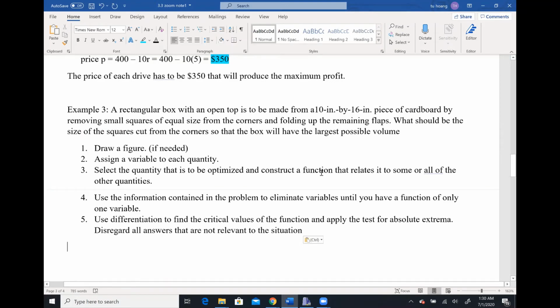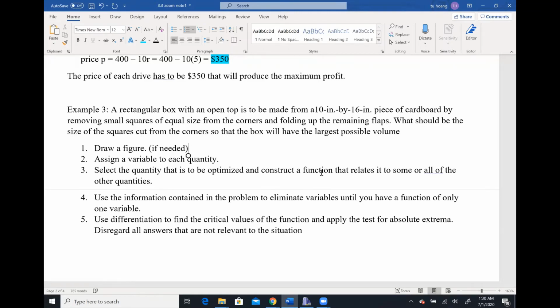Example 3, a rectangular box with an open top is to be made from a 10-inch by 16-inch piece of cardboard by removing small squares of equal size from the corners and folding up the remaining flaps. What should be the size of the square cut from the corner so that the box will have the largest possible volume?